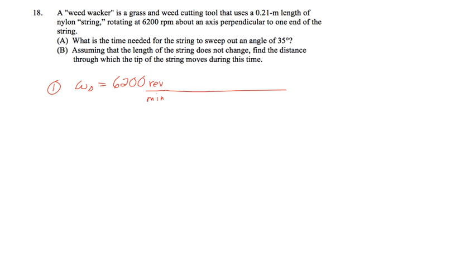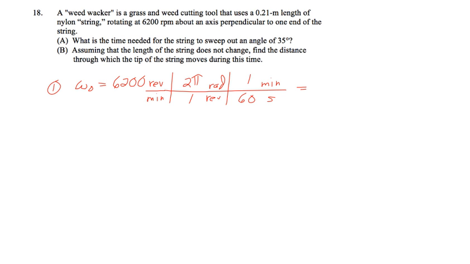I'm going to convert revs to radians and minutes to seconds. 1 minute is 60 seconds, and 1 rev is 2 pi radians. So that's going to give me whatever that is.